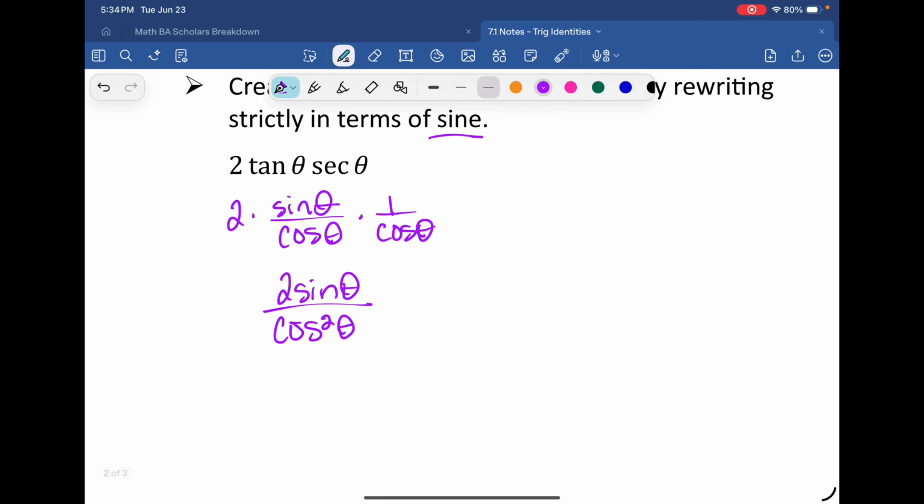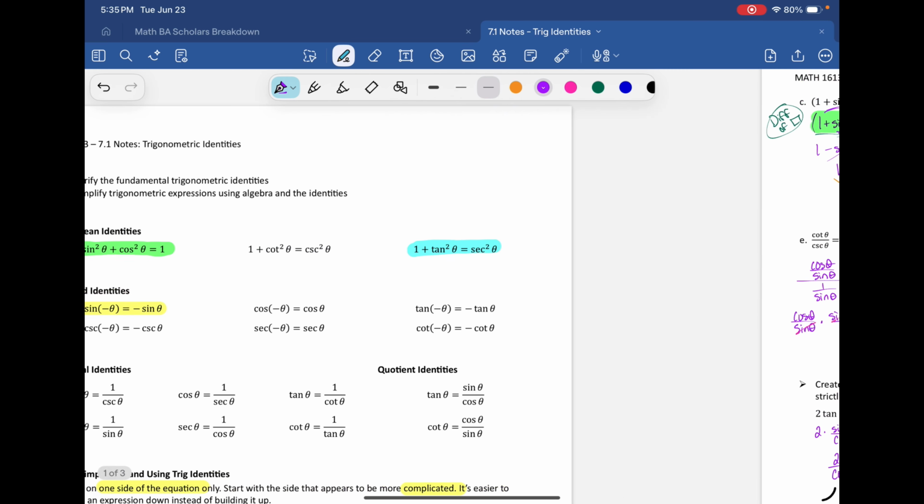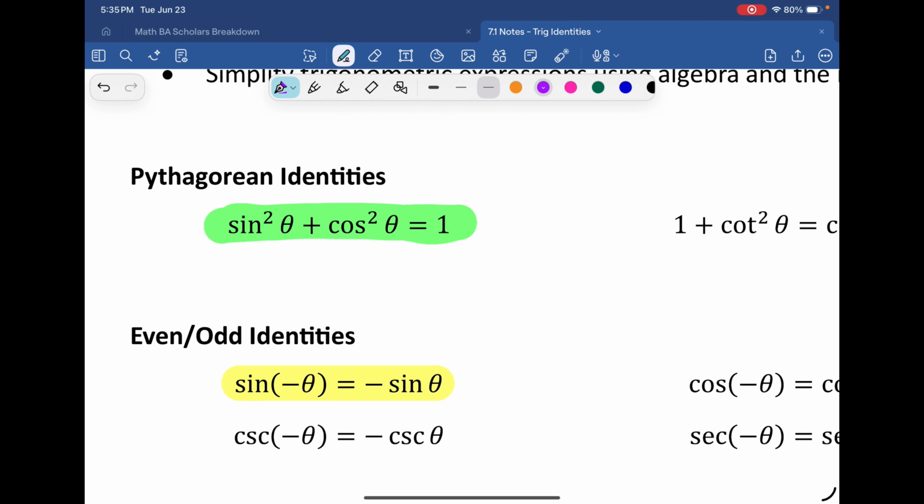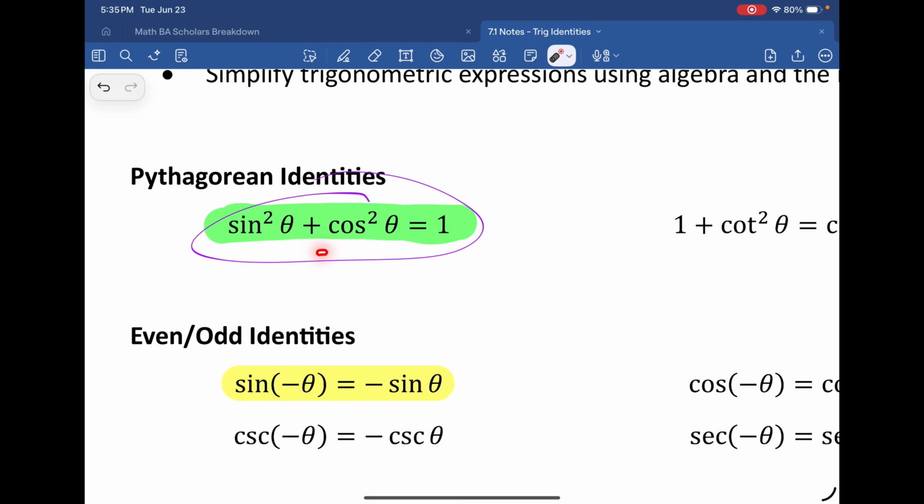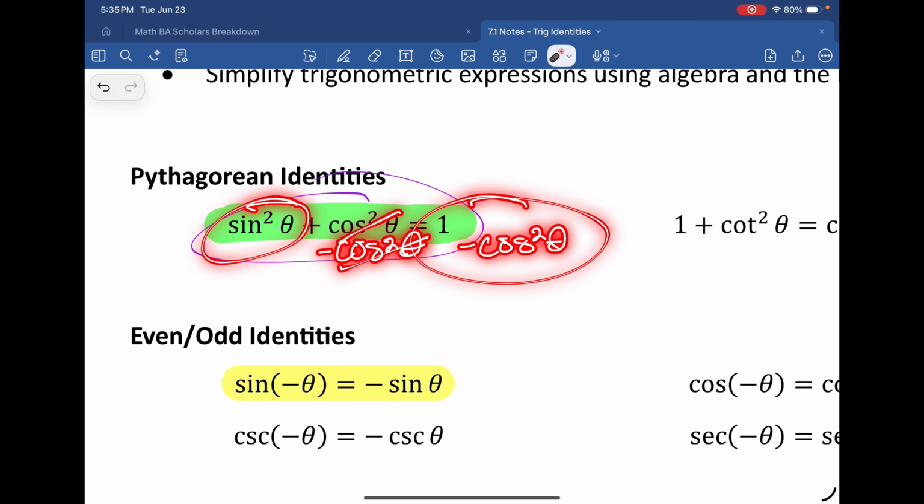All right, so it just wants sine. Well, I have an identity on the other side where I take this one and subtract the cosine squared. I can see that sine squared equals 1 minus cosine squared.